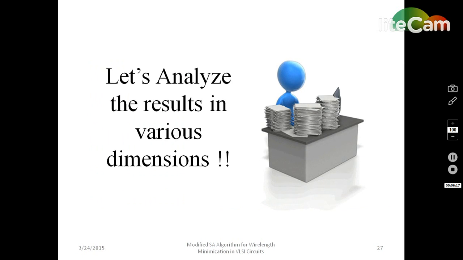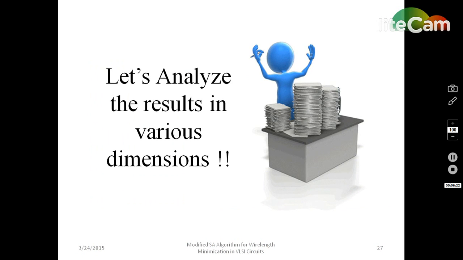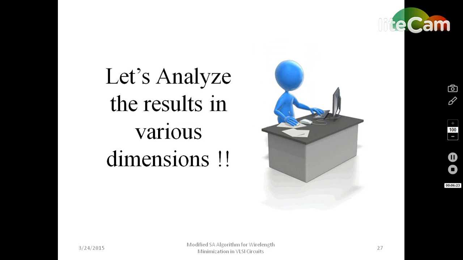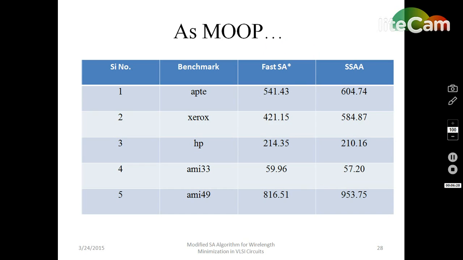So it's time to analyze the results of our project in various dimensions. There are several dimensions in which the results of this algorithm can be analyzed. Let's see them one by one. First, I've considered the problem as a multi-objective optimization problem where several criteria are taken into account, for example wire length, dead space and area, taken for minimization.